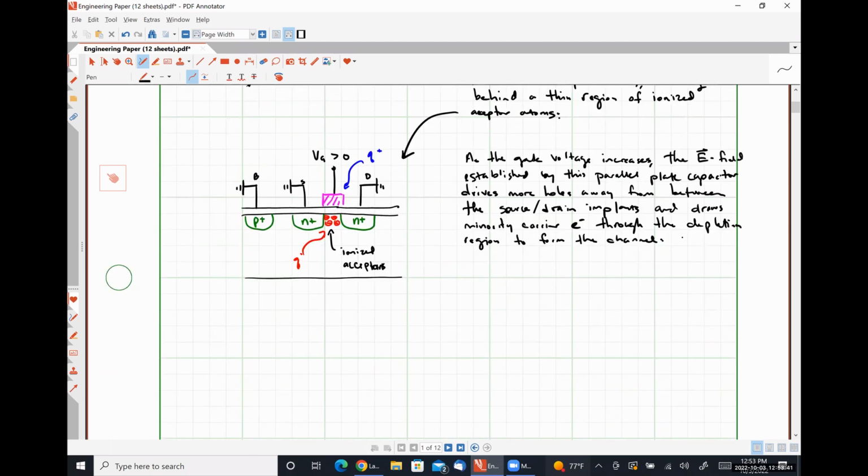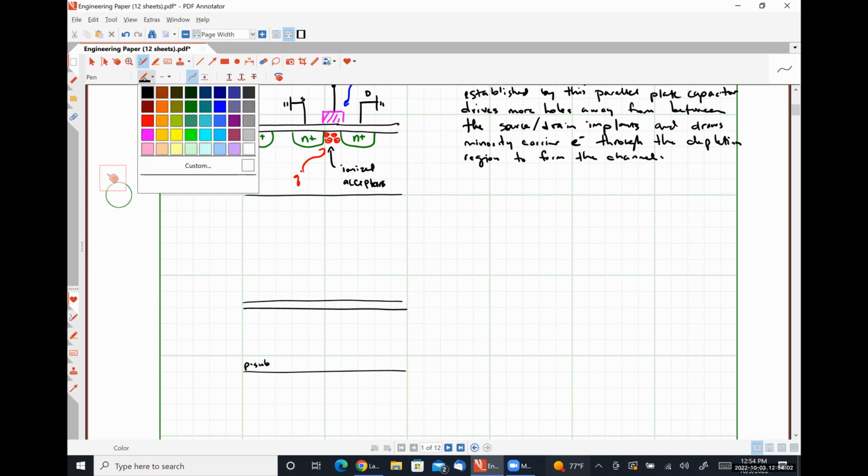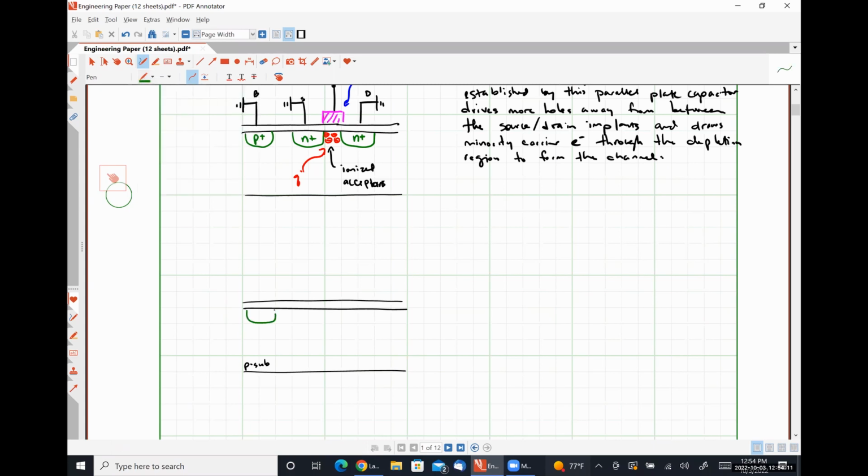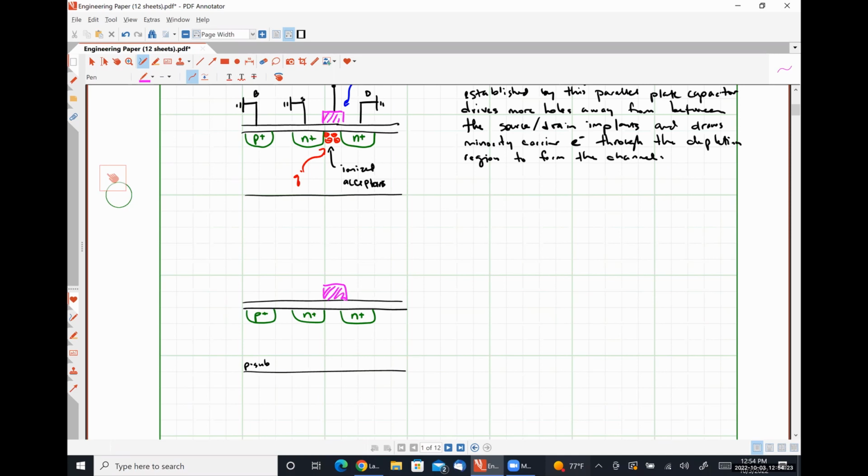And so that's going to look something like this. We're going to have a layer of negative charges, and then they're on the opposite side of the depletion region as the bulk is.